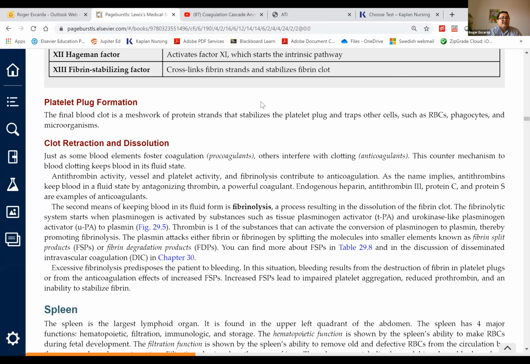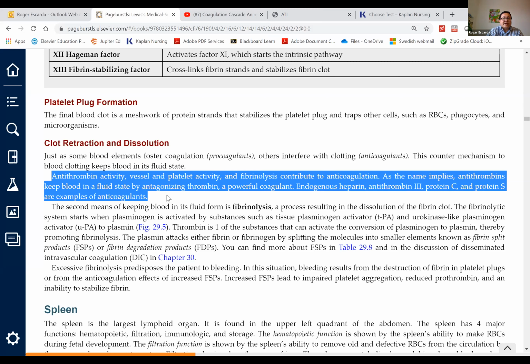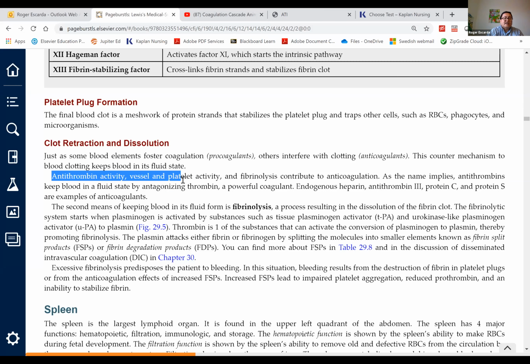So what will the body do next? We have a clot. What will the body do to that clot? What is the next step? The wound will close. Right, so now the clot will be dissolved. Right after the clot is formed, the body tries to lyse or destroy that clot.